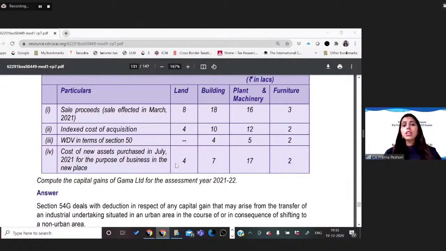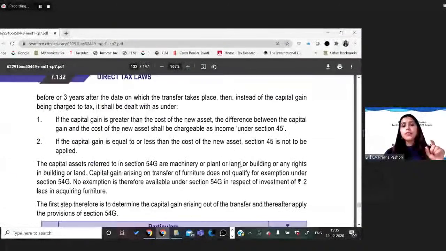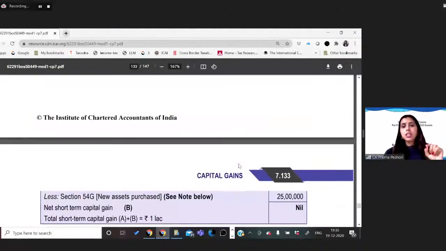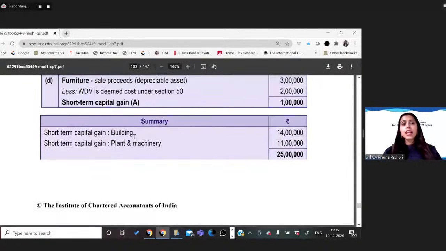Now, if you see the amount invested is 28 lakh, we have to consider only these three, right? 4, 7 and 17 lakh. Clear? Now, if you see the 25 lakh is the short-term capital gain on building, plant and machinery combined.